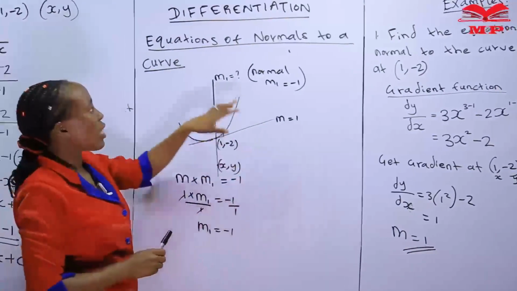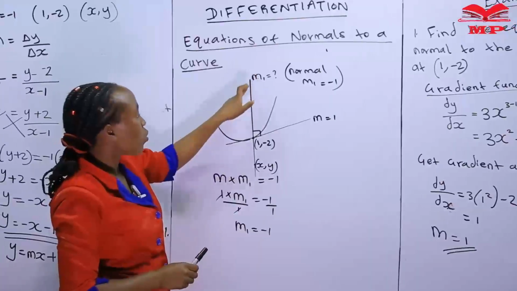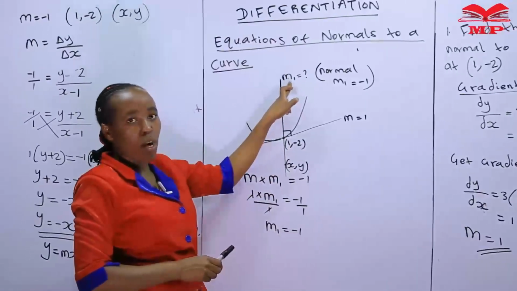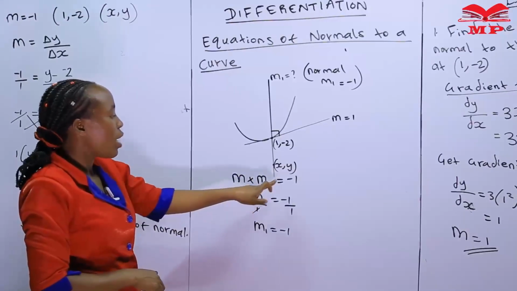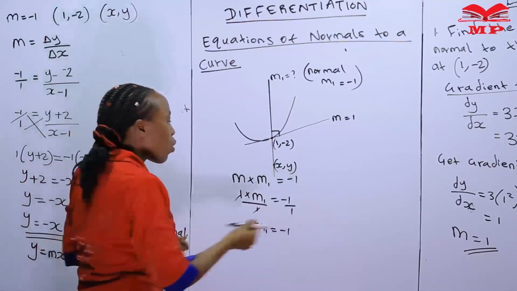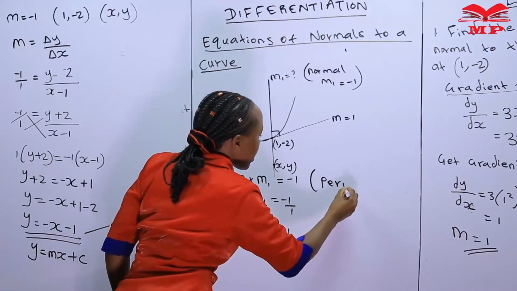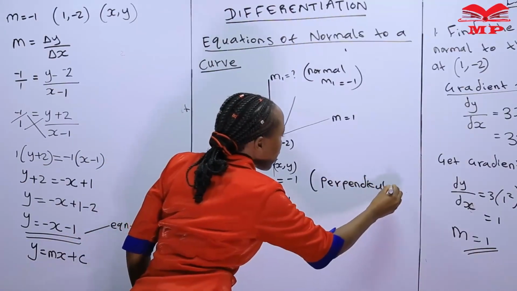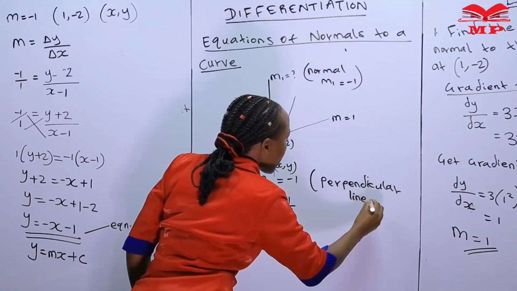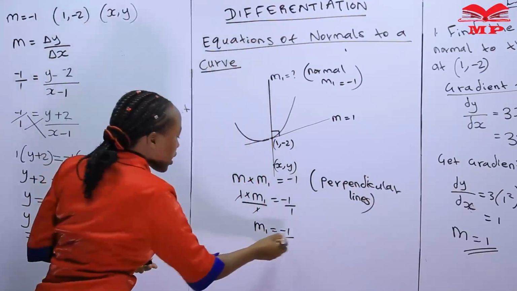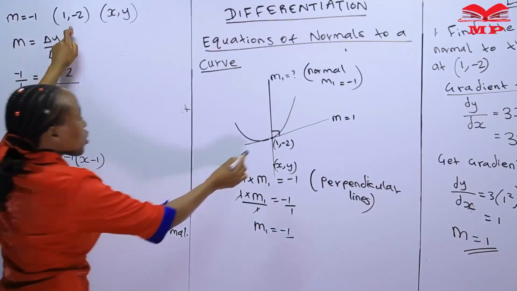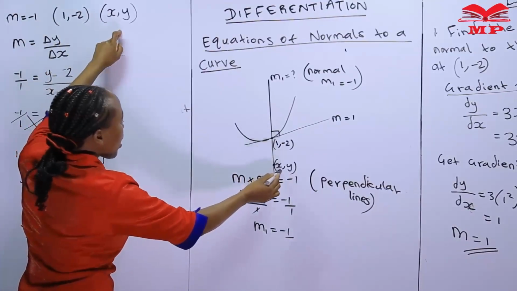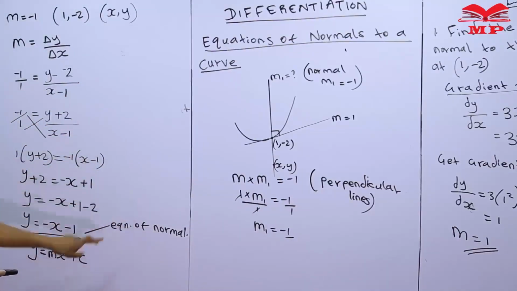But now we are told to find the equation of the normal, so we also need to get the gradient of the normal. We know very well that the gradient of the tangent times the gradient of the normal is equal to -1 because they are perpendicular lines. Therefore, the gradient of the normal is -1. We have the gradient of the normal, we have the point it is passing through, and we have an imaginary point x, y. We use it now to find the equation of the normal.